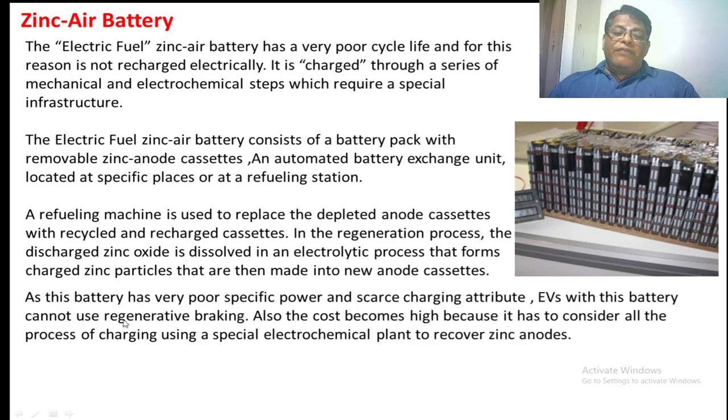As these batteries have very poor specific power and are also difficult to charge, an EV with this battery cannot be used for regenerative braking. Also, the cost becomes high because it has to consider all the processing, charging using a special electrochemical plate to recover the zinc anodes.